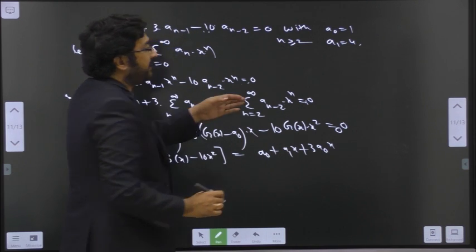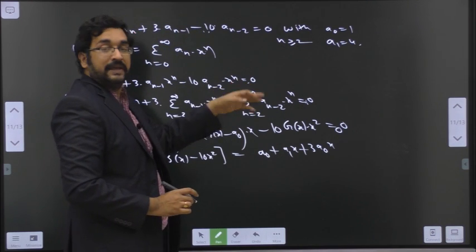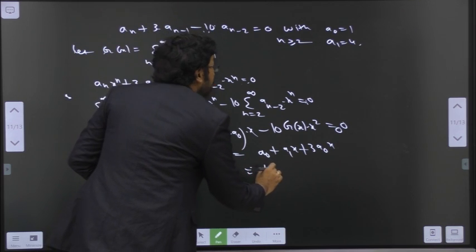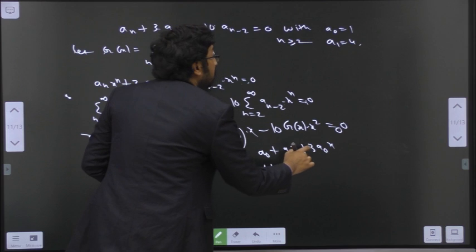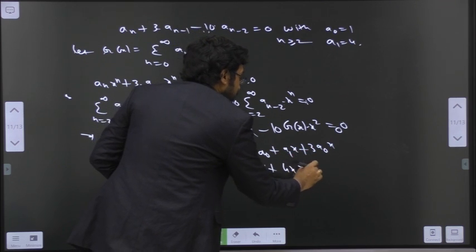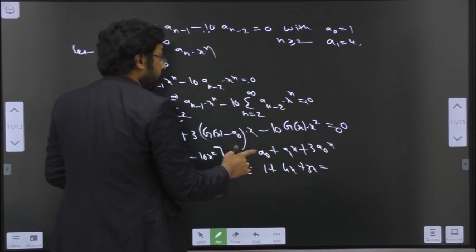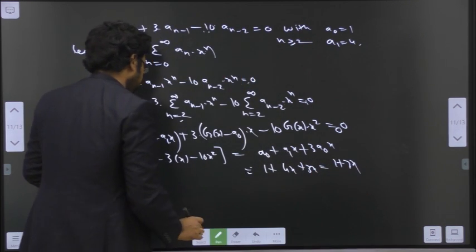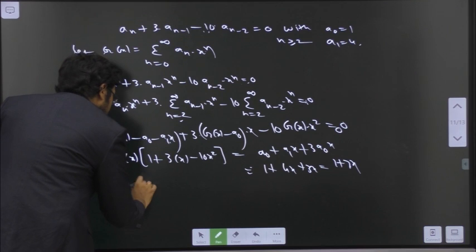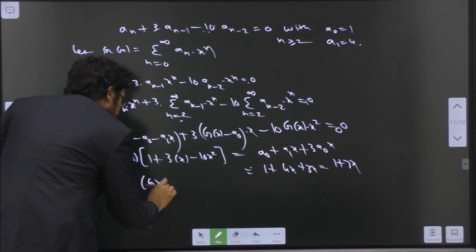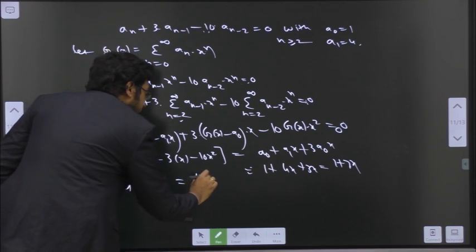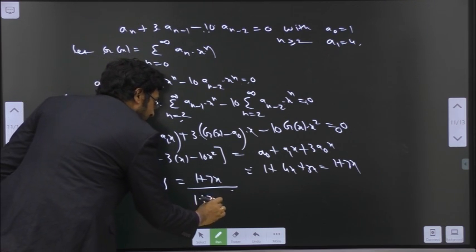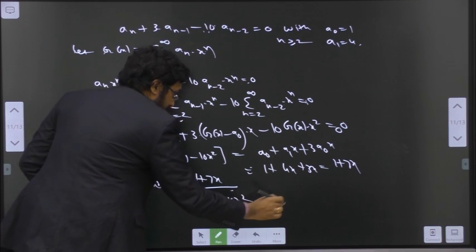So substitute initial values here, a naught equal to 1, a1 equal to 4. Then 1 plus 4x minus 3x, that means 1 plus x. So that implies g of x equal to 1 plus x by 1 plus 3x minus 10x square.